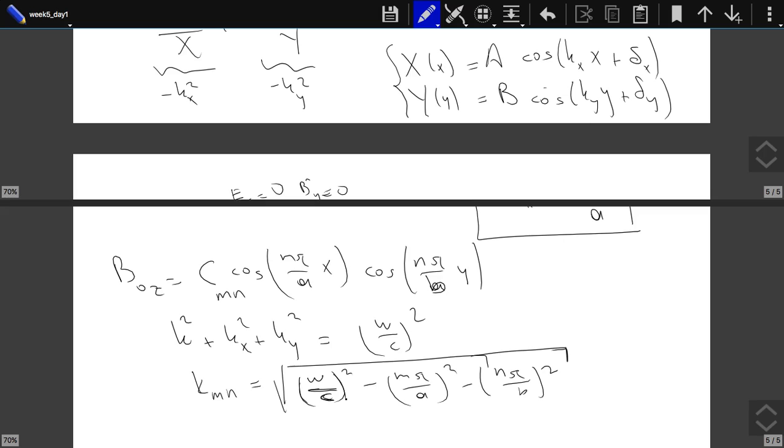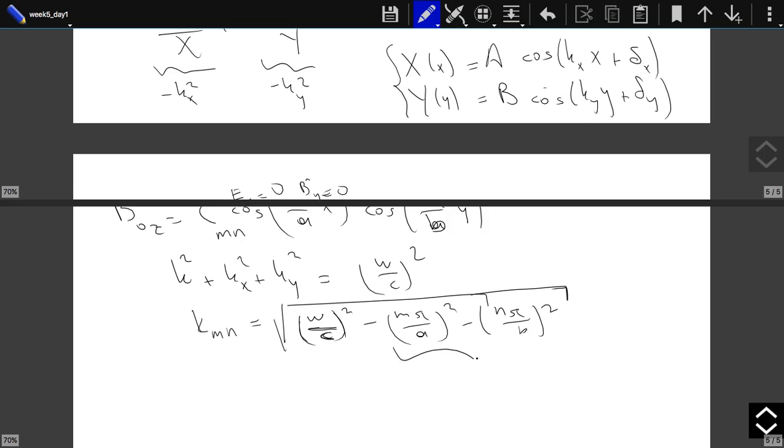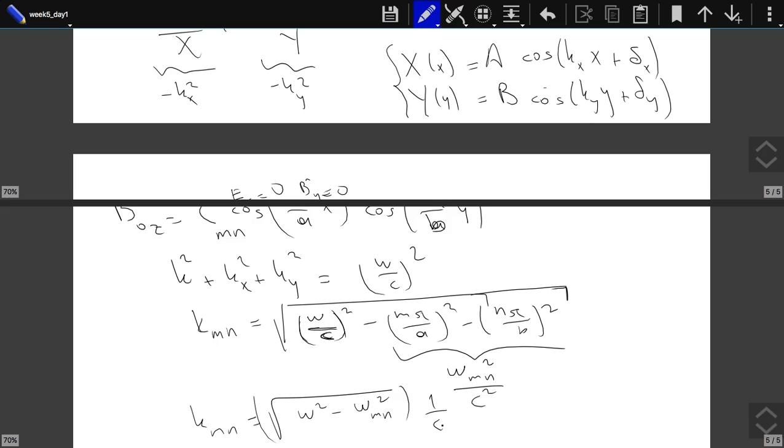Omega should be larger than or equal to this one. Usually that combination we will call omega mn squared over c squared. So kmn is given by the square root of omega squared minus omega mn squared, times 1 over c. There's a smallest possible value of omega for given m and n.